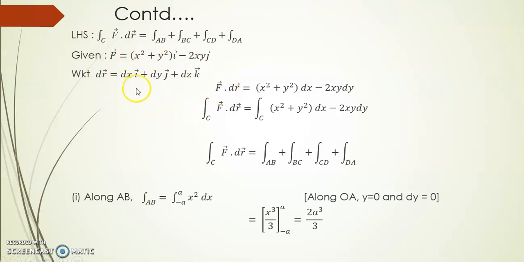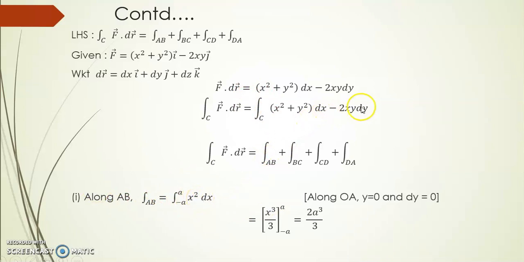Taking the dot product between F vector and dr vector, you get (x square plus y square) dx minus 2xy dy. This is your integral over C of F vector dot dr vector. As you know, a single integral can be evaluated only with a single differential inside it.